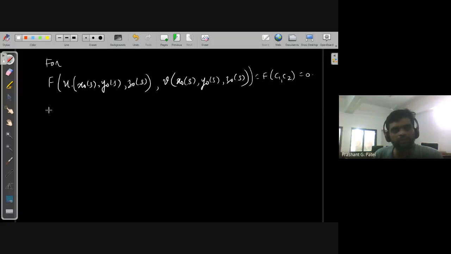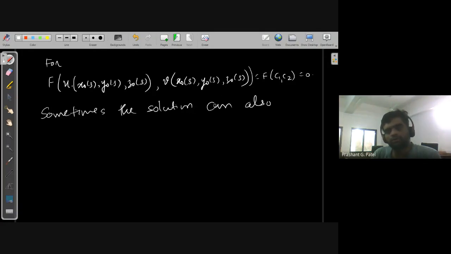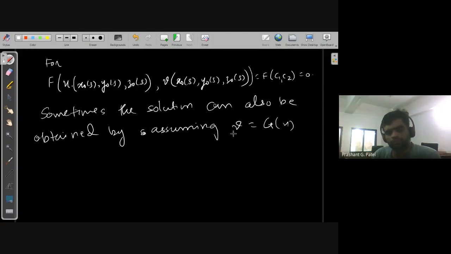That also can be used. So sometimes the solution can also be obtained by assuming v equal to g of u and determining g.